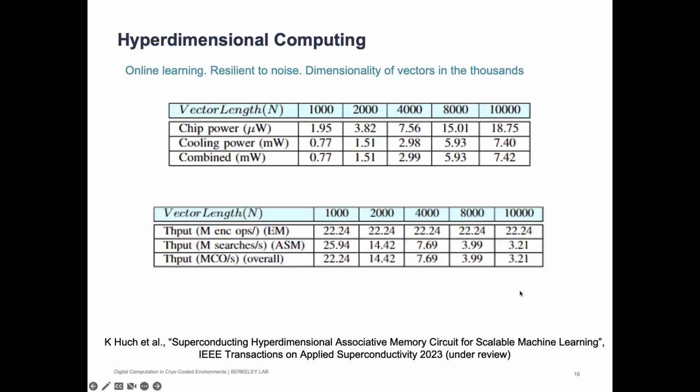And the bottom table is performance. At the very bottom is how many of these operations, queries, and online learning I can do. Focusing on the 10,000 vector length case, it's over 3,200,000 operations.